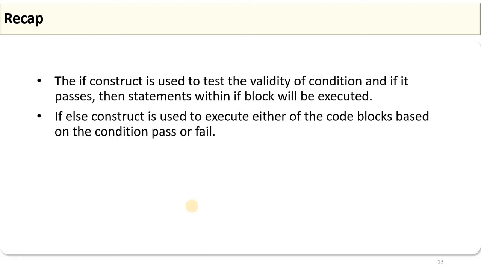If the condition fails, then it will be false. So based upon true or false of the condition in the if block, the code block execution will change. If the condition is true, then the if block will be executed. If the condition is false, then it will directly come to the else block, execute the else block and come out of the branching statements.